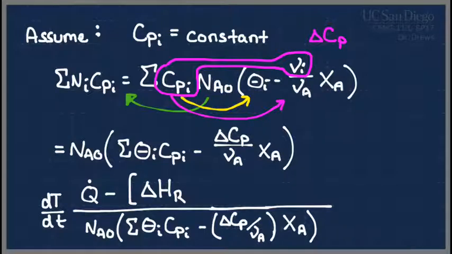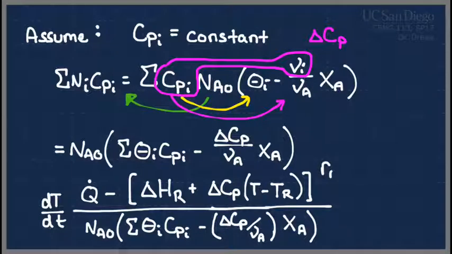If somebody gave you an enthalpy, you looked up the enthalpy of reaction, and you want to adjust it for a temperature, that looks like this: delta Cp times whatever temperature the reactor happens to be working at minus that reference temperature for the enthalpy, times r sub A over the stoichiometric coefficient of A times the total volume V.